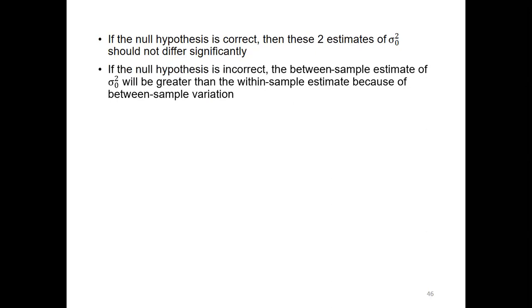And if the null hypothesis is incorrect, the between sample estimate of sigma squared will be greater than the within sample estimate because of the between sample variation. So if, using the F-test, we confirm that the null hypothesis is not correct, it is wrong, that means the between sample estimate is higher compared to the within sample estimate, and these mean values have significant difference.